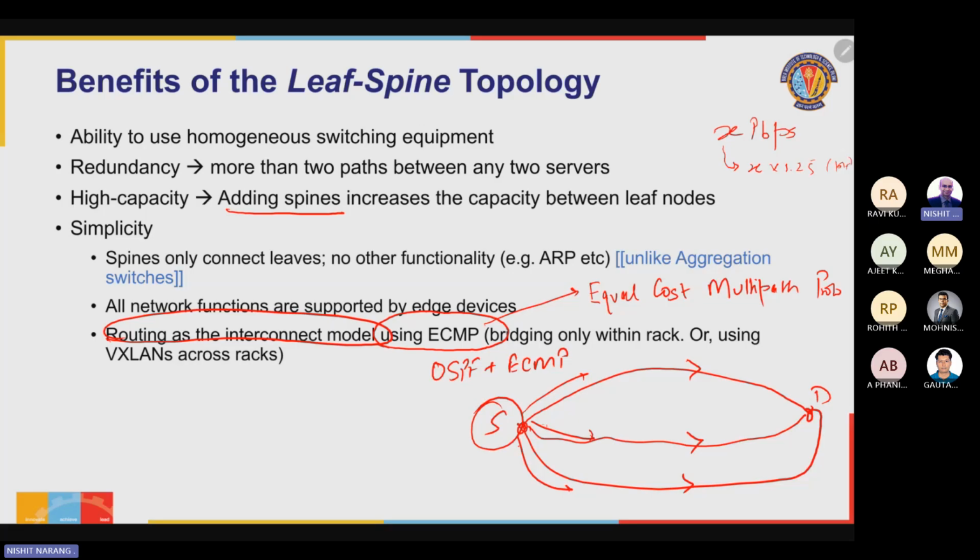So along with the leaf-spine topology, routing plays a very important role as the interconnect protocol, with the general routing protocols augmented with ECMP, thereby enabling load balancing across multiple equal cost paths through the network.